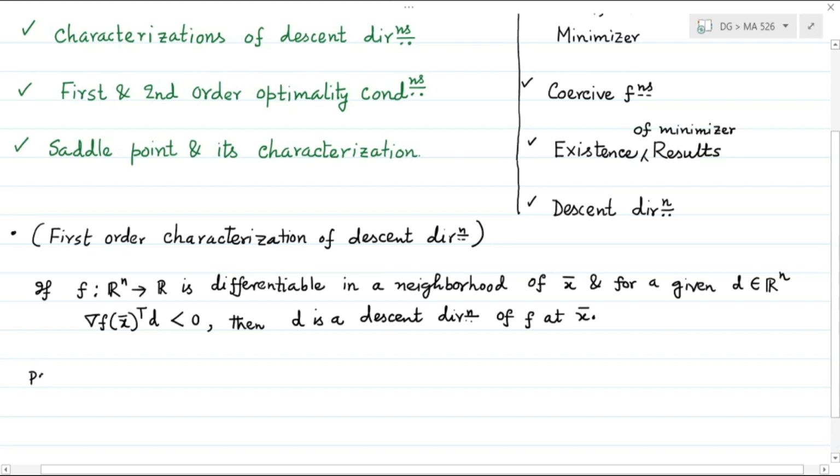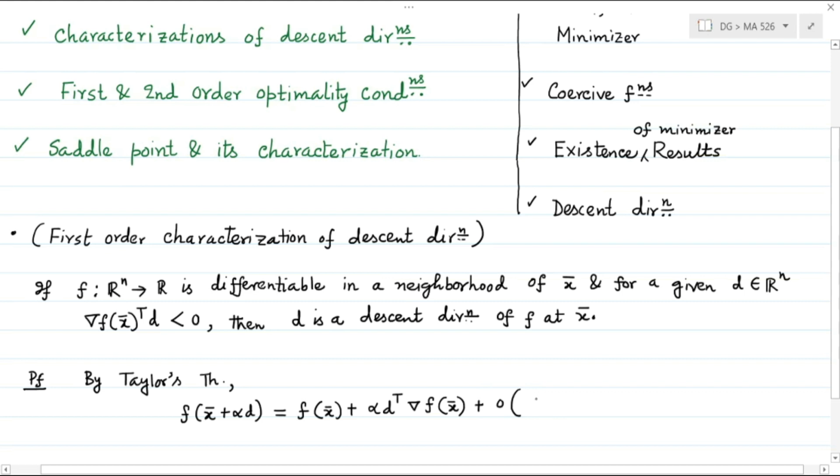As the given function is differentiable in a neighborhood of x bar, therefore by Taylor's theorem we have f of x bar plus alpha d is equal to f of x bar plus alpha d transpose gradient of f at x bar plus small o of norm of alpha d, right?